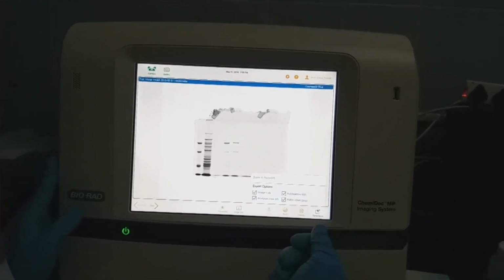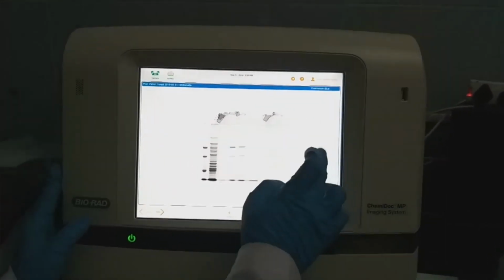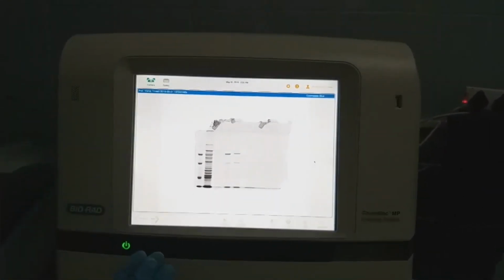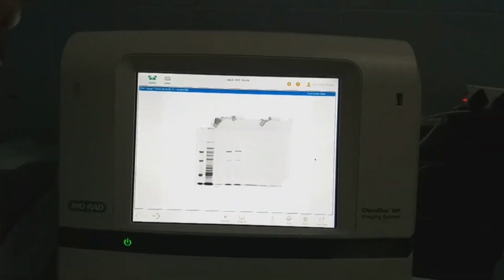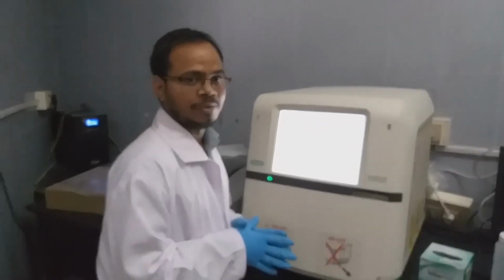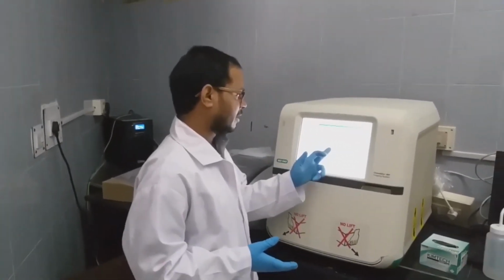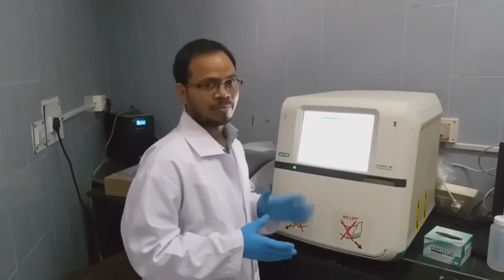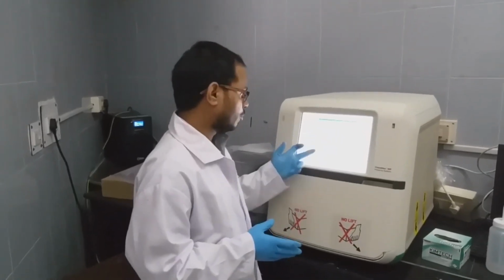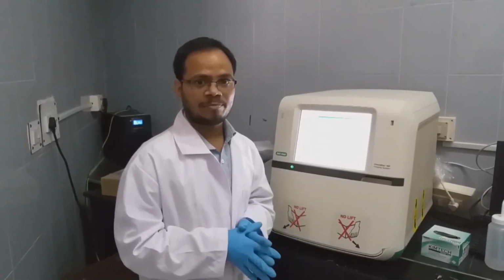If you have any drive connected, you can send it directly. For the image analysis part, we'll show in an upcoming video how to analyze which molecular weight this band of interest corresponds to. We already loaded the molecular weight marker, so we can easily find out using ImageLab software.